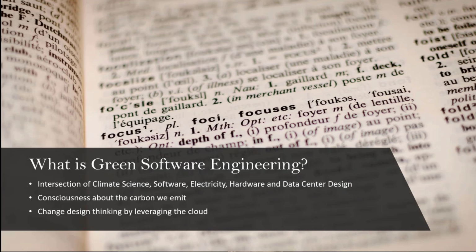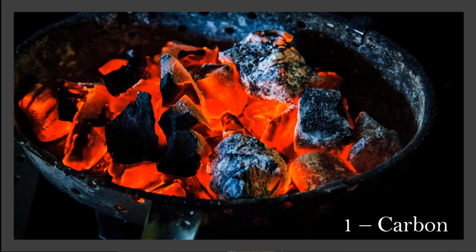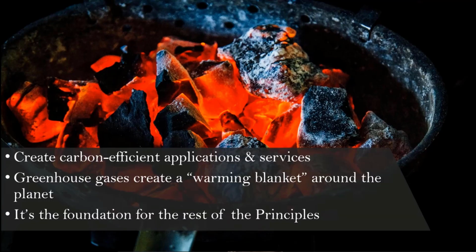So the first one is carbon, right? And it's what we already mentioned. The idea is that we want to create more carbon efficient applications, and this warming blanket that's right now surrounding our planet Earth, we want to diminish as much as possible.